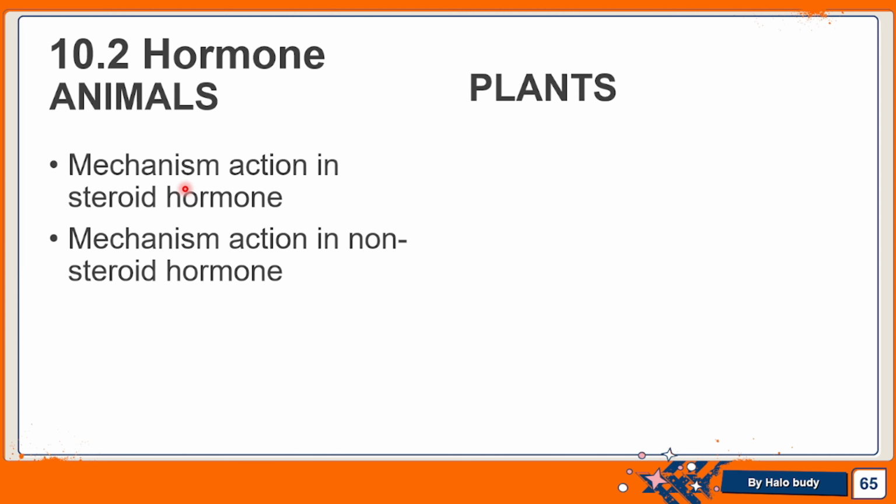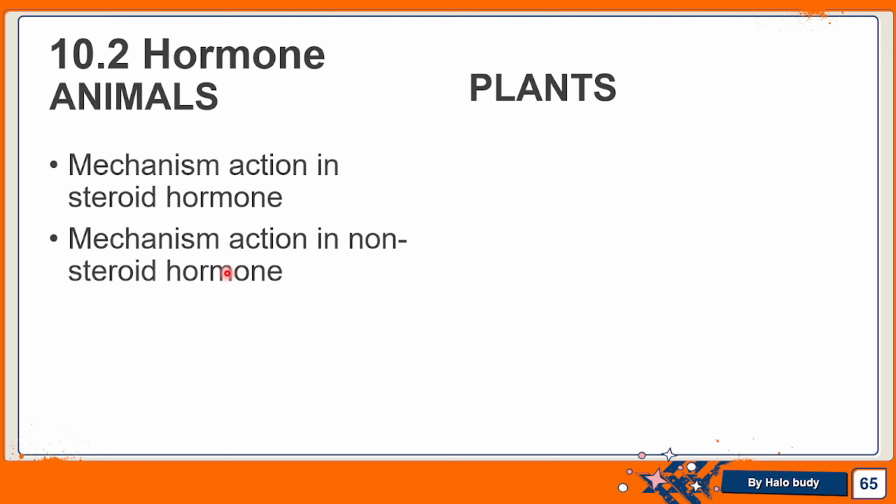Because in this topic, you not only learn about the mechanism, you also need to know examples. In examination questions, especially in essay or objective questions, they will come out with real hormone names, like insulin. Is insulin considered steroid or non-steroid? Like progesterone, is it steroid or non-steroid? Like glucagon, adrenaline, aldosterone, ADH.